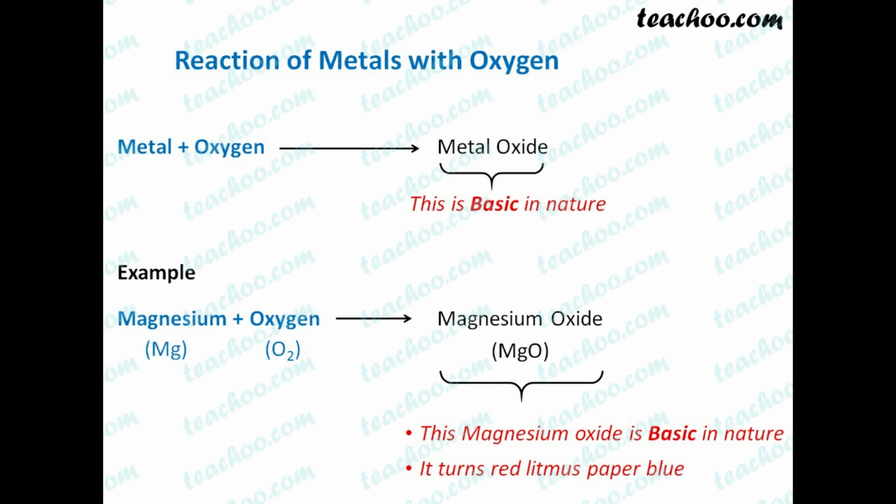A white colored ash is formed when magnesium reacts with oxygen to form magnesium oxide. The magnesium symbol is Mg, children. For oxygen, you write O2. 2Mg plus O2 gives 2MgO. Let us see one more reaction.